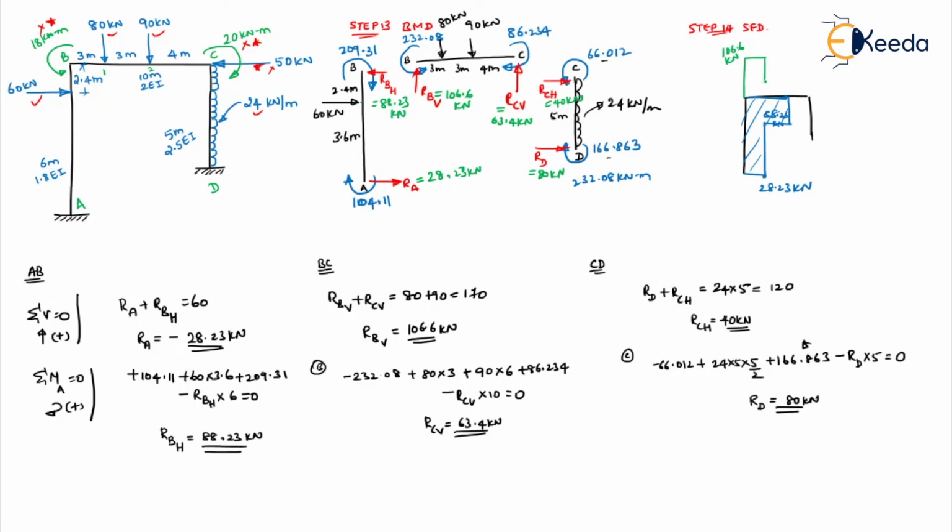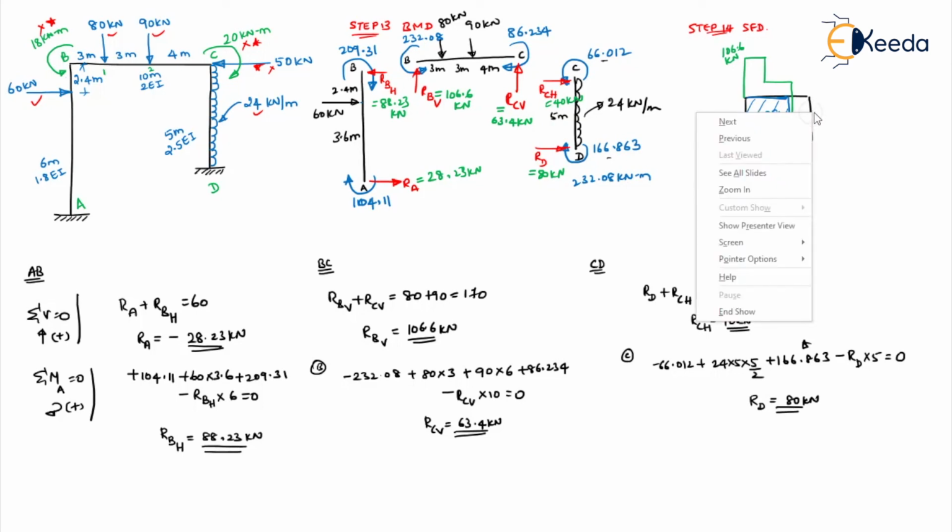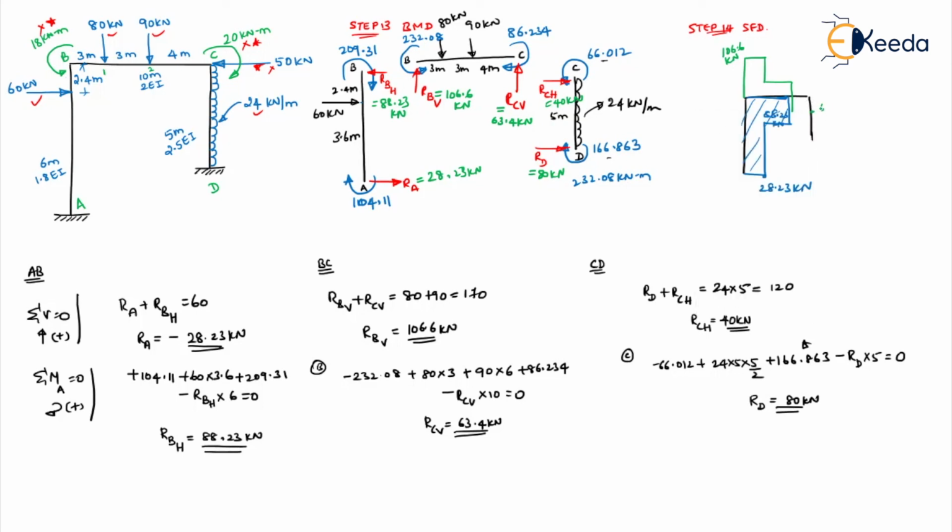Okay, so again no load up to 90. So we'll go linear. Then at the 90, again it should come down by 90. Now you observe here, this is right up. Right up is negative. So how much will it be? That will be equal to your 63.4 kilonewton. So you can calculate the value and check.